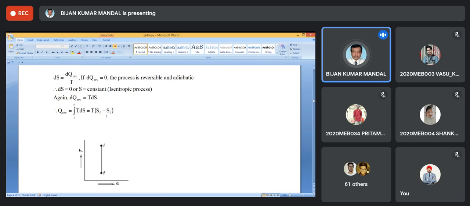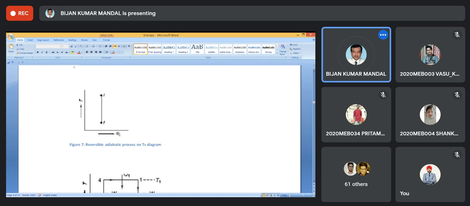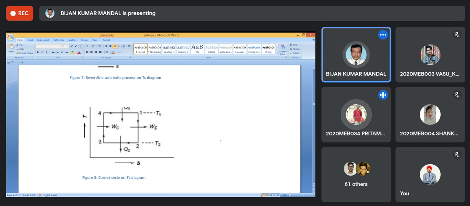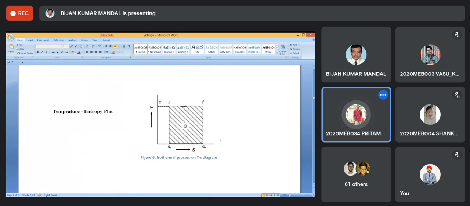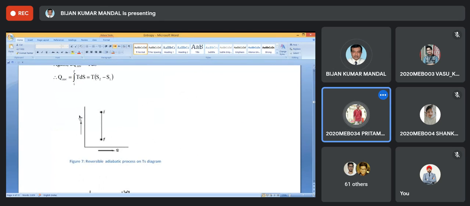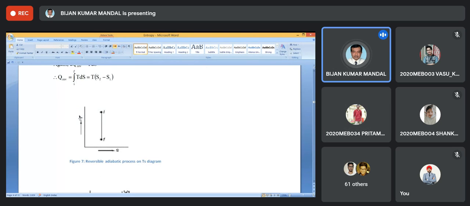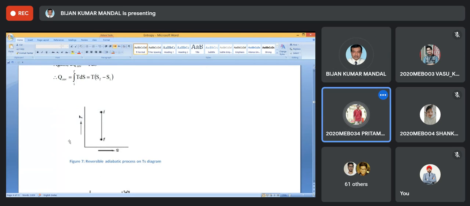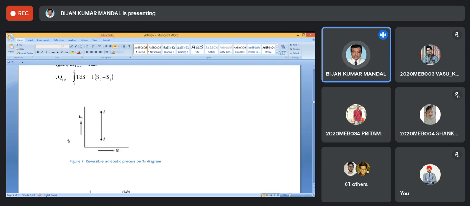This is of course for an isothermal process. Sir, in the previous graph, what is on the y-axis? Here, it is temperature and entropy. The x-axis is entropy, the y-axis is temperature.